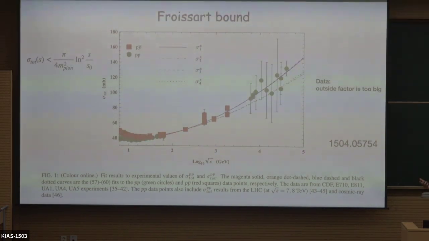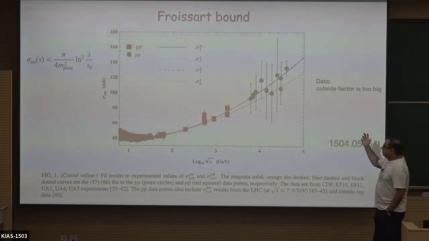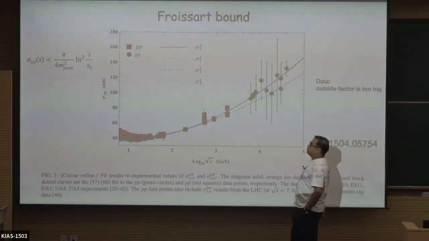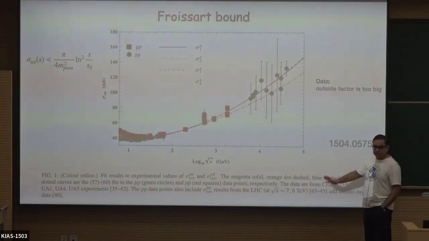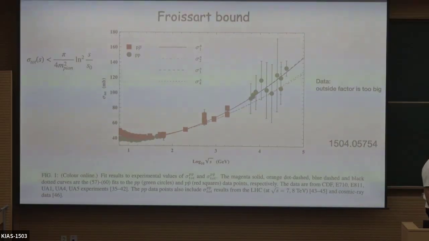And so there are two questions here. Is there a stronger Froissart bound possible, or maybe we have not approached the asymptotic region as yet? So there are two distinct possibilities so far as real data is concerned.